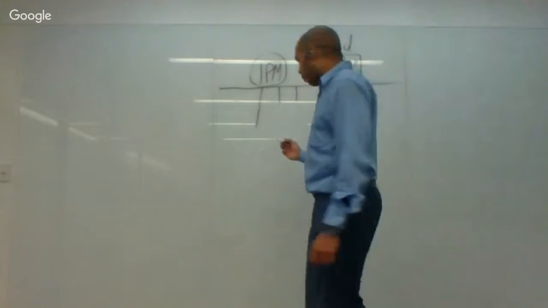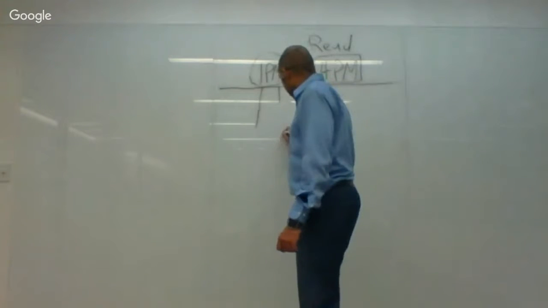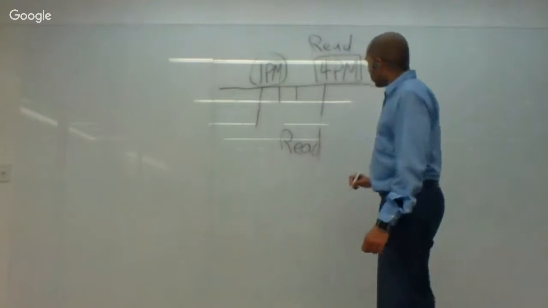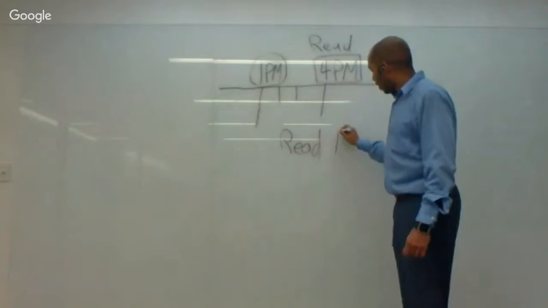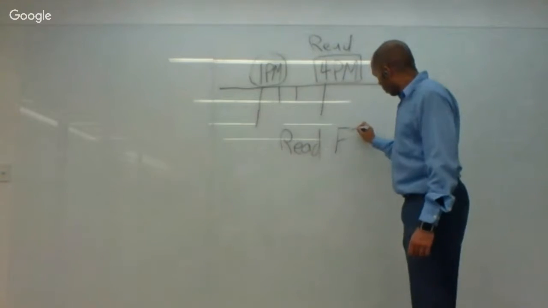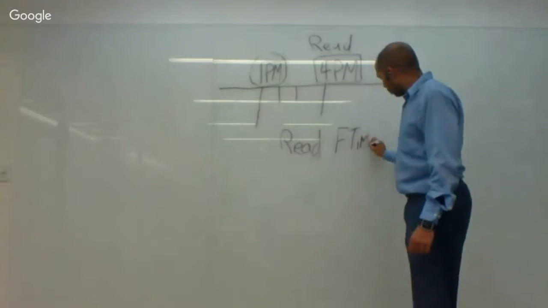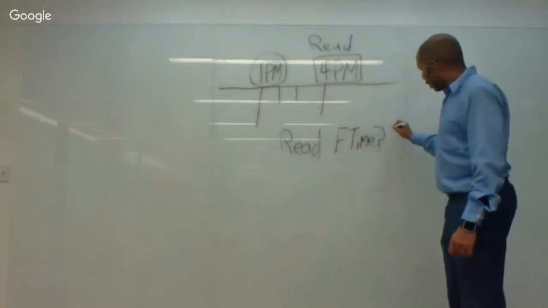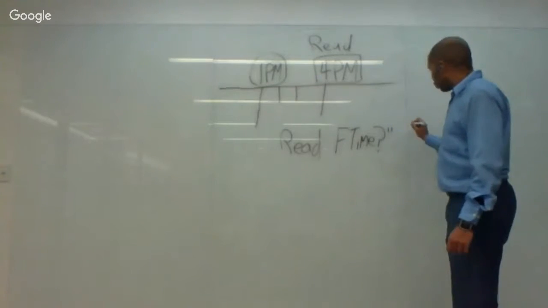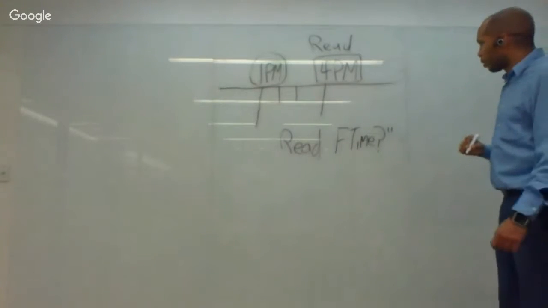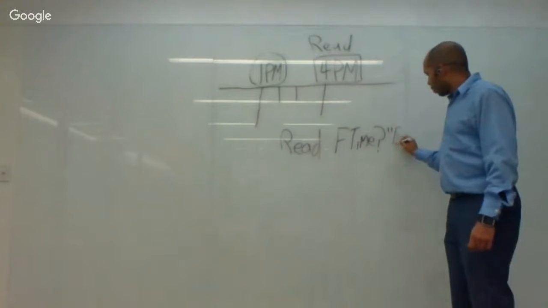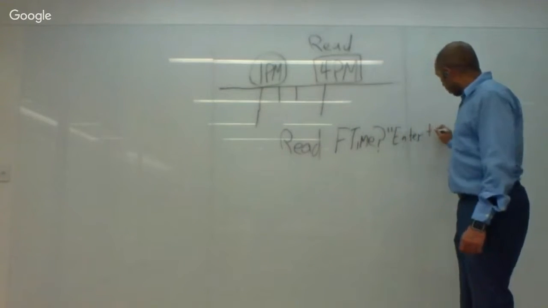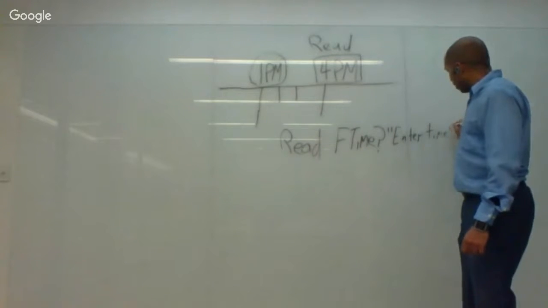So basically, hopefully you guys can see this, you would type in read, and then you're going to type in, let's say, F time for future time, and then you're going to put a question mark at the end, and then in quotations, you're going to talk to the user and tell them what you want. So you can say, enter time.